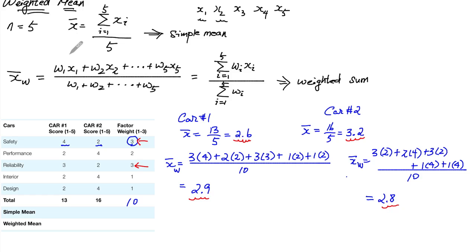One comment looking at the simple mean. The simple mean actually is a special case of the weighted mean where the weights assigned to each of the data points are equal to one another.